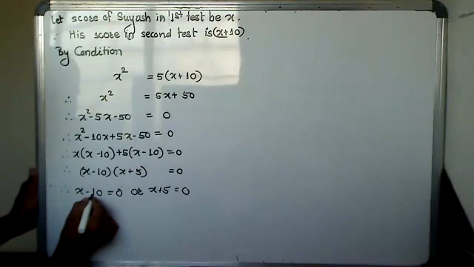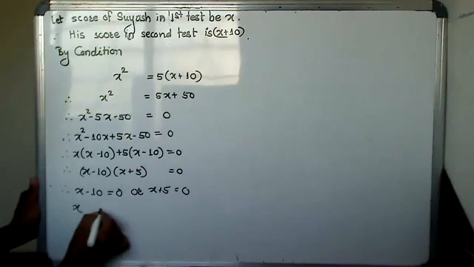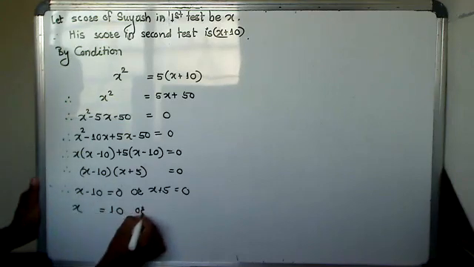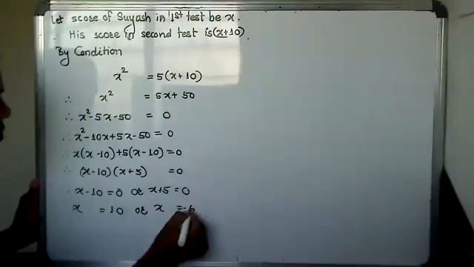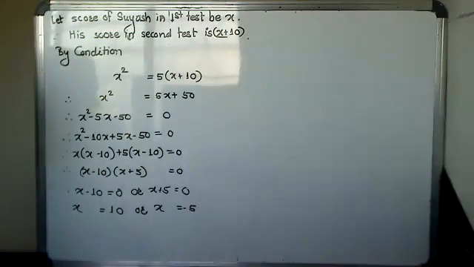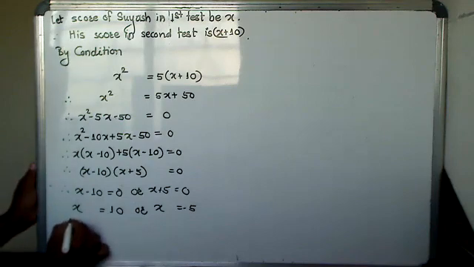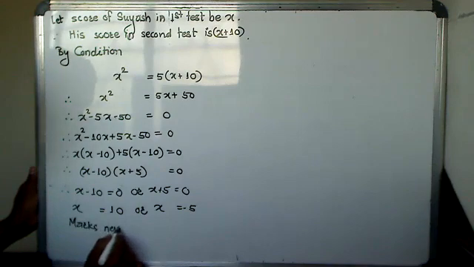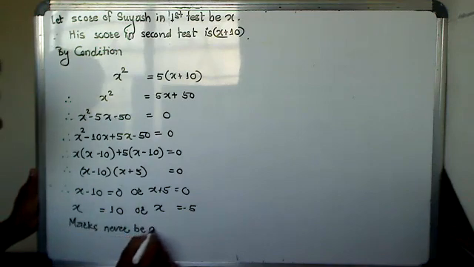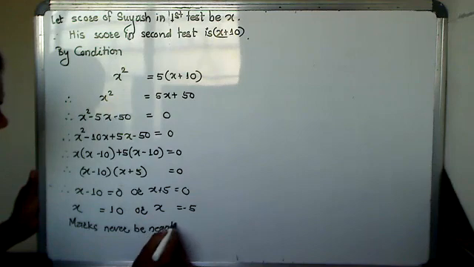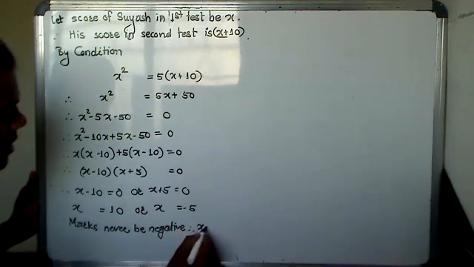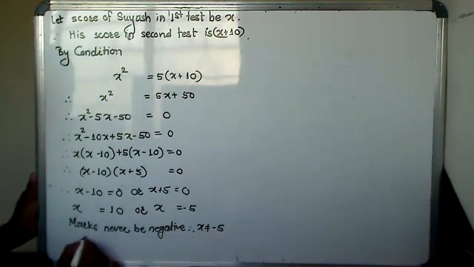Now, x is equal to 10 or x is equal to minus 5. Under normal circumstances, for an academic test, marks can never be negative. Therefore, x is not equal to minus 5. So x is equal to 10.